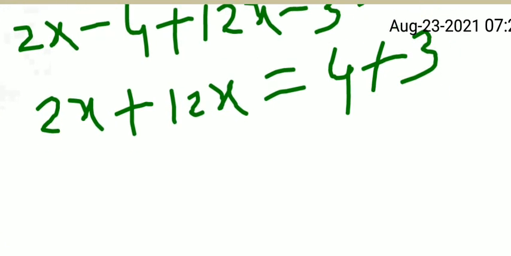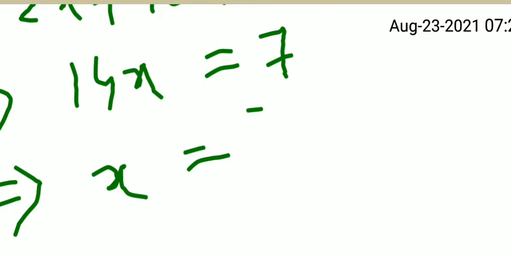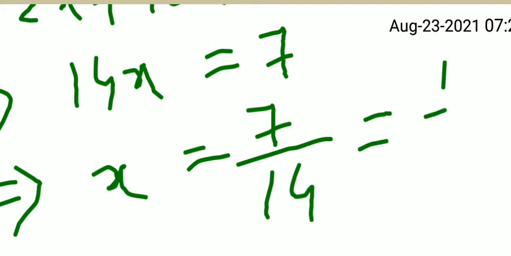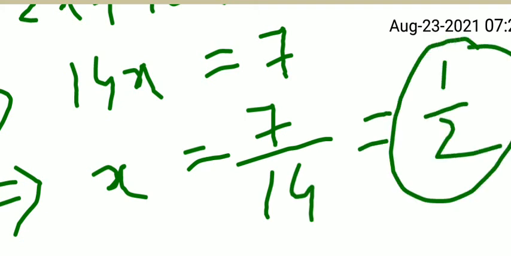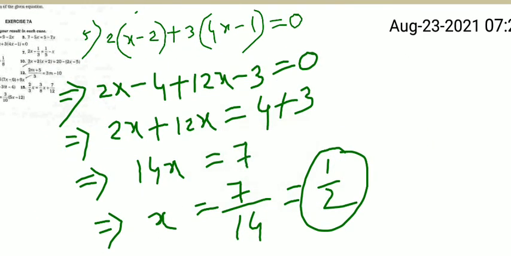So 12x plus 2x, that is 14x, equal to 7. Thereafter the value of x will be 7 by 14, that is 1 by 2. So this is the result of this equation. In this way you have to solve it.